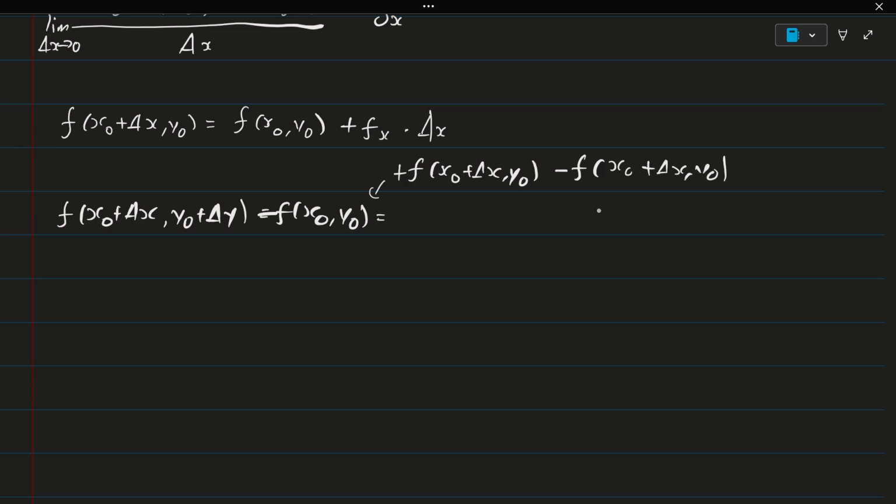So it's pretty much the same thing as we have already done. What we'll obtain is that you could pair this up and this up. So what you would get from here is going to be the derivative with respect to y times delta y. Does it make sense?